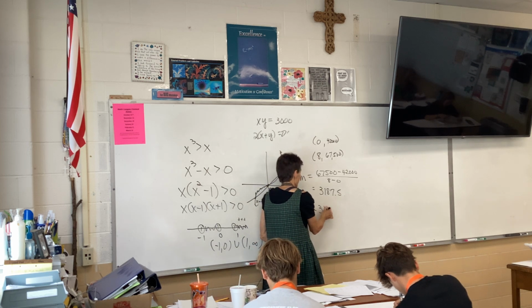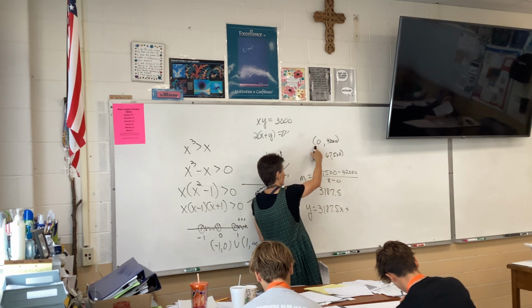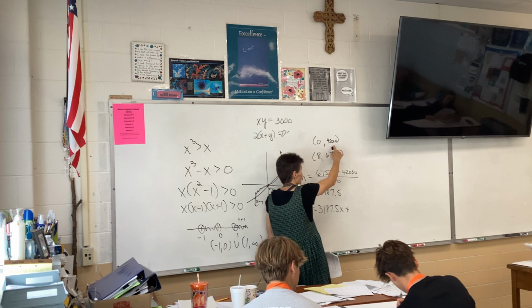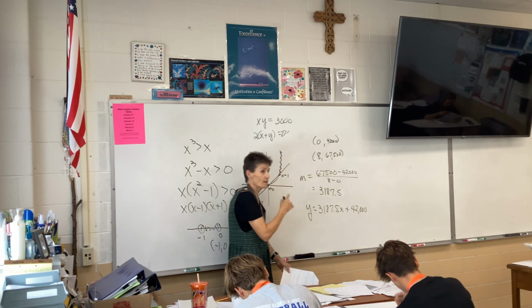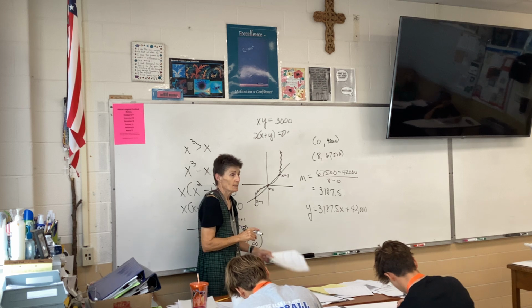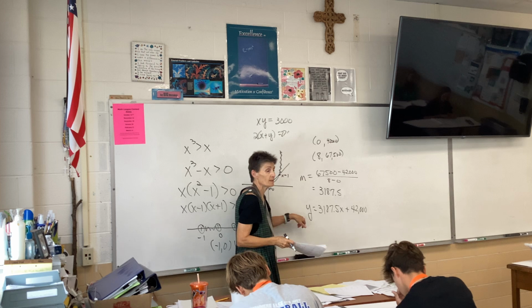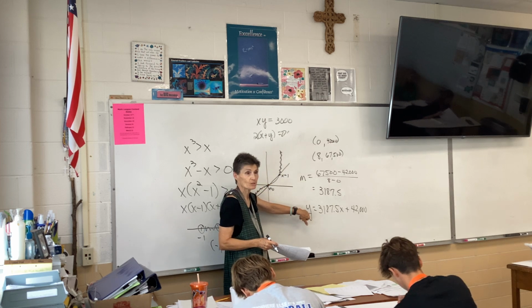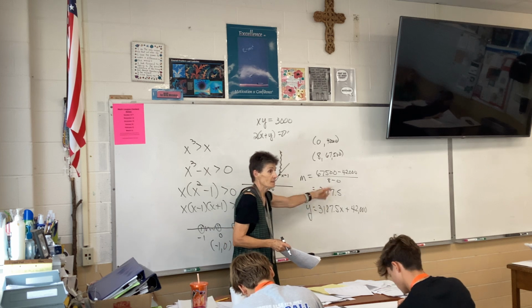Well, that's my slope. What's my y-intercept? 42,000. So there's my equation. And then when I want to know when it's worth 80,250, I'll just put 80,250 in right here and solve it for T.